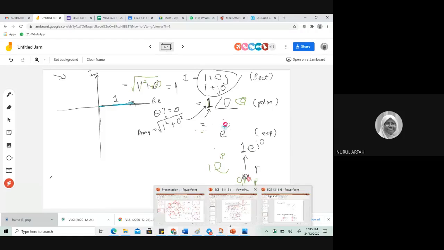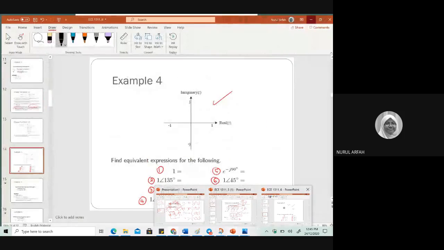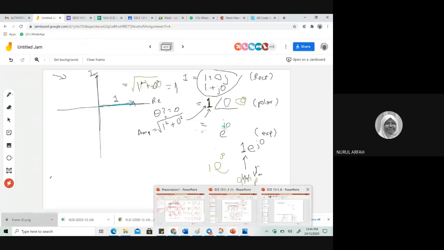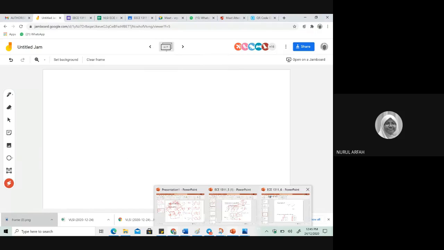Right. Let's go to our second example. Maybe 1 with 135. We go to our next page. 135 degree. This is obviously in polar form.